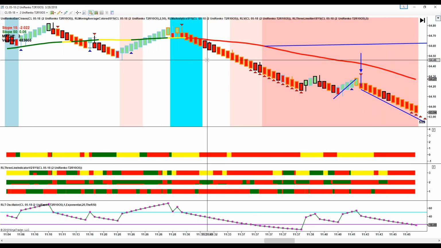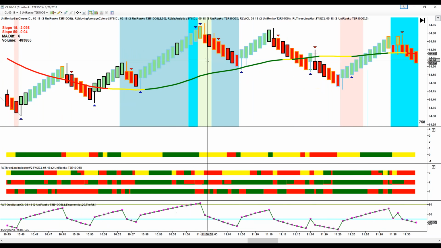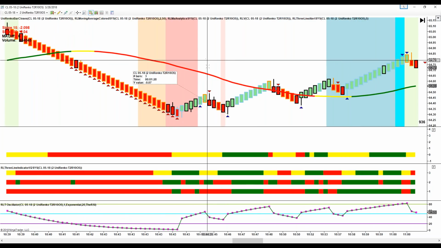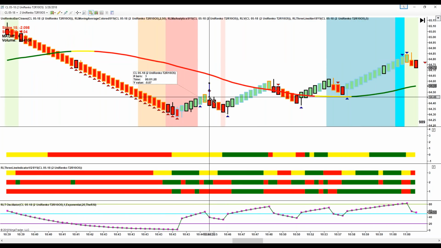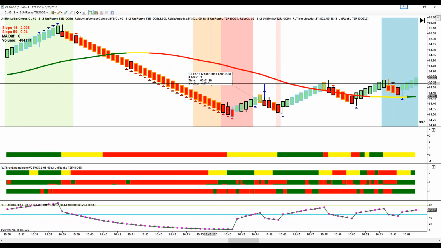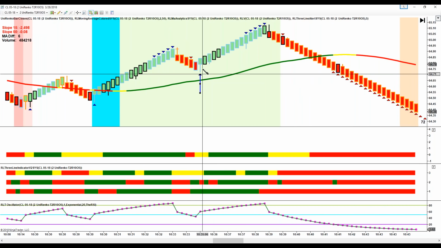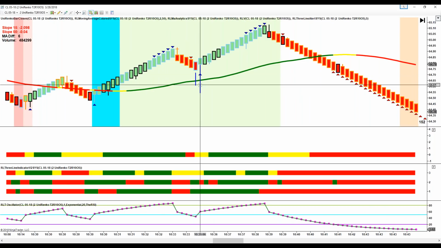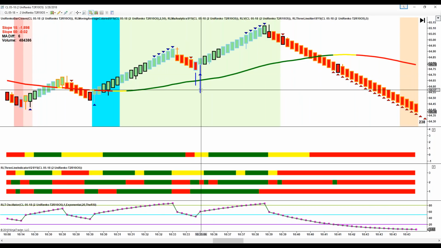And let's look at some more. There aren't any here. There's the continuation. You don't have the 3 line. There's a continuation long. 3 line calls it. Now, you do have the 3 line here.